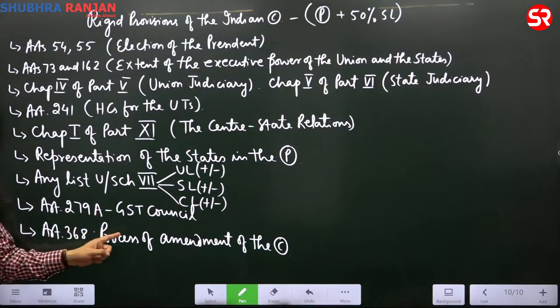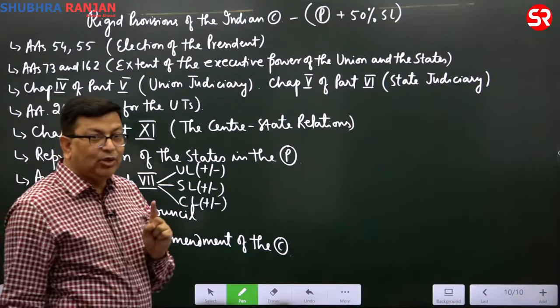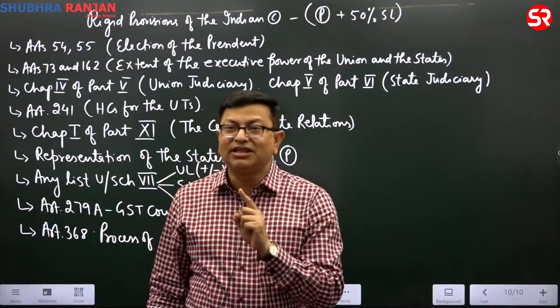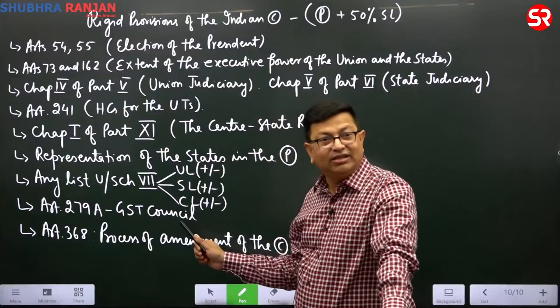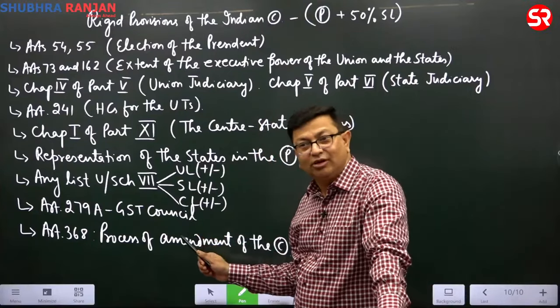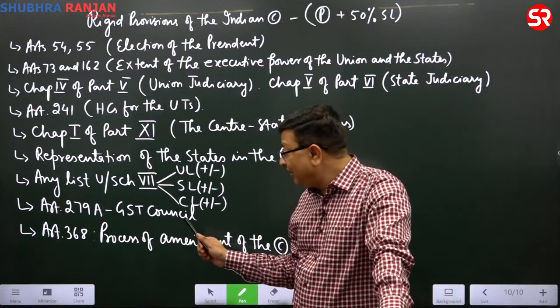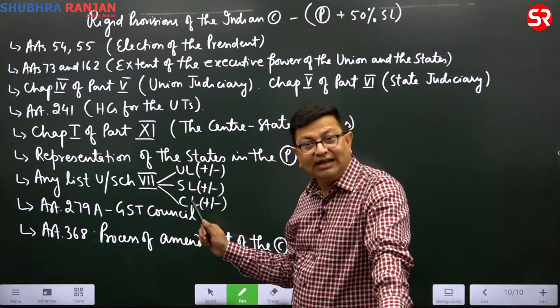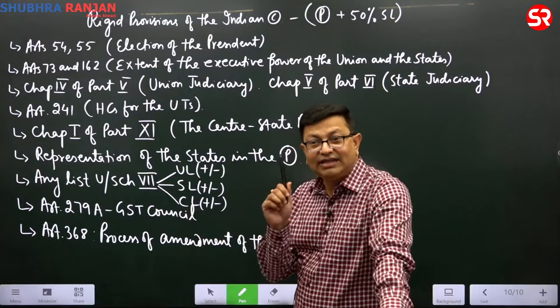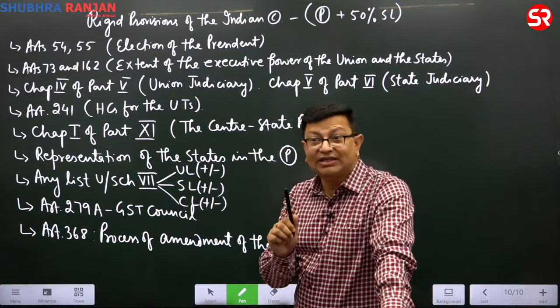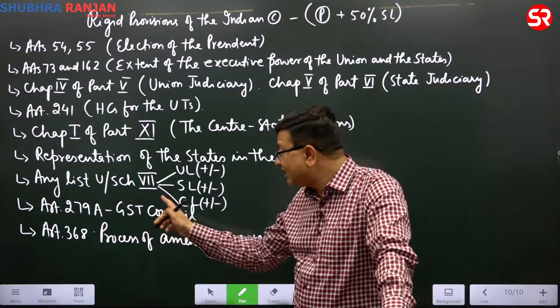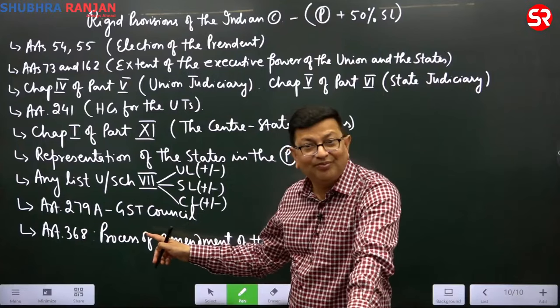And then the GST Council. This GST Council consists of the Union Finance Minister as the chairperson, and it also consists of the finance ministers of all the states. All the decisions regarding GST, like GST laws, GST rates, special provisions for some of the states, are taken by the GST Council.